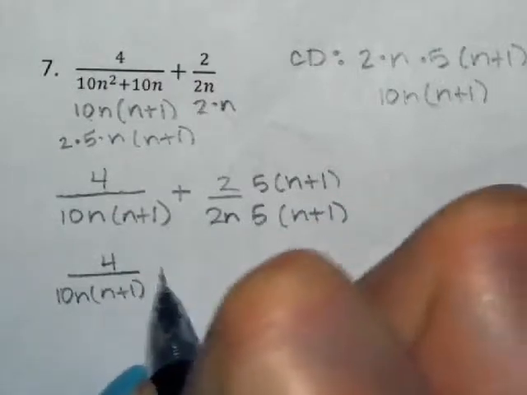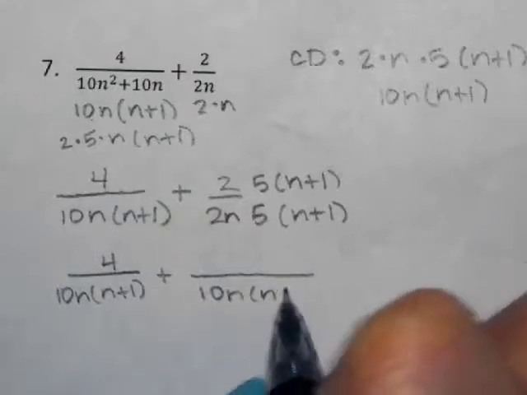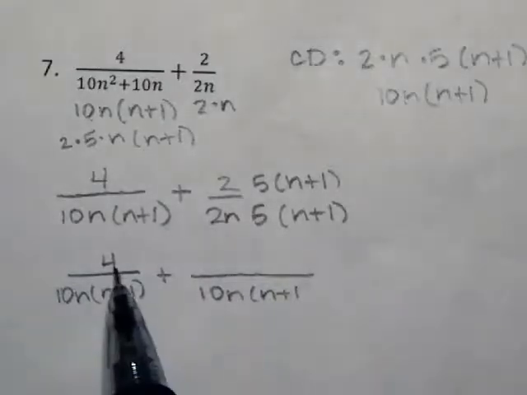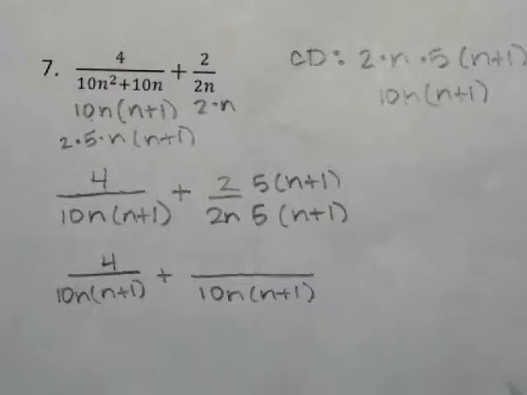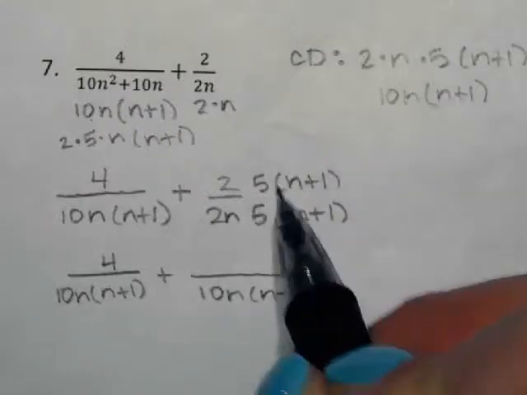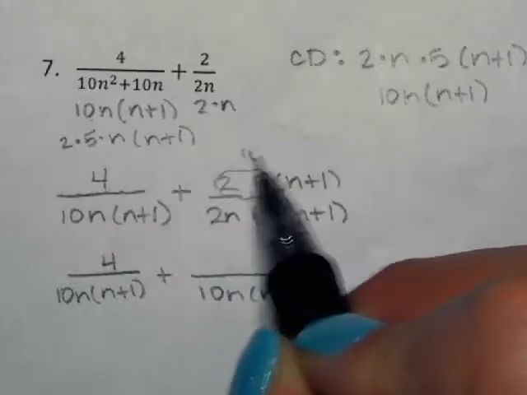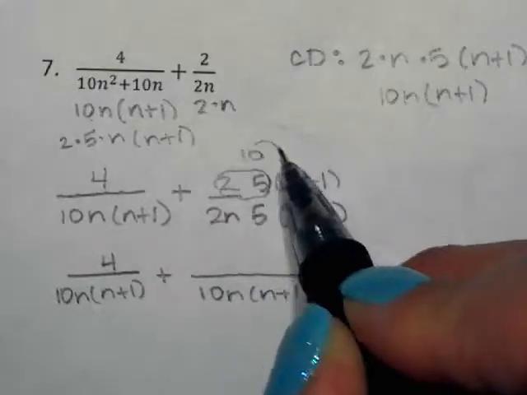So for the left fraction, we have the 4 over the 10n times n plus 1. For the right fraction, we have the something over 10n times n plus 1. On the top, we have 2 times 5, which is 10. And what happens when we distribute that 10? 10n plus 10, okay?